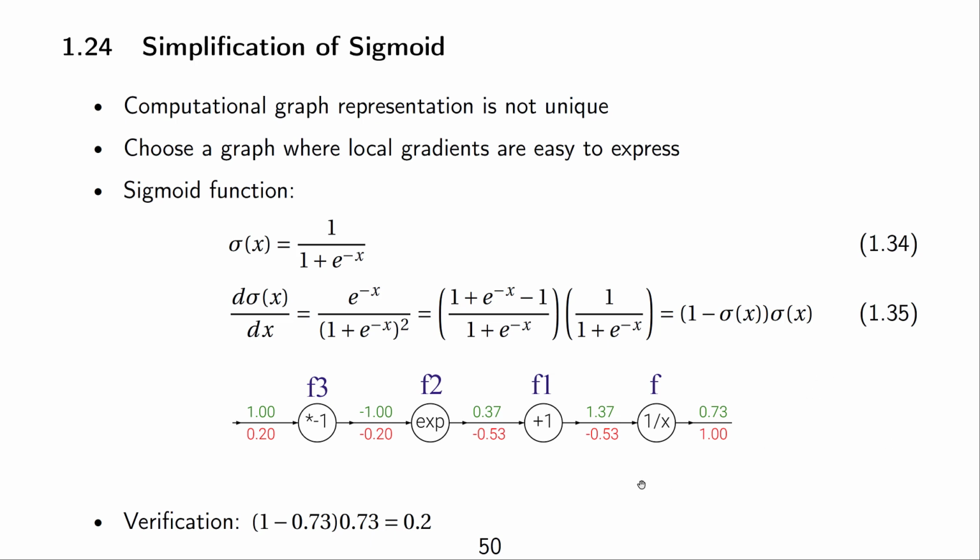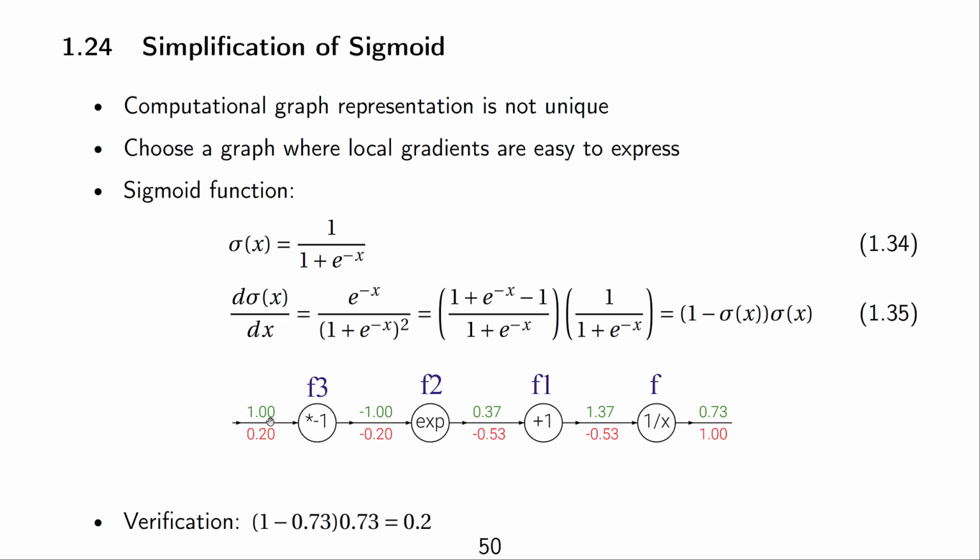This is a nice expression of the derivative. So we could imagine that this whole thing is now one single node where the local gradient is computed like this, and then we would multiply that with the upstream gradient here.